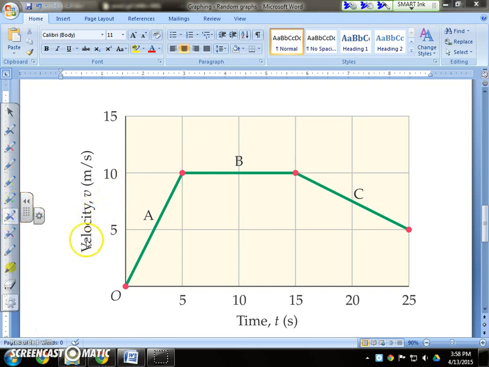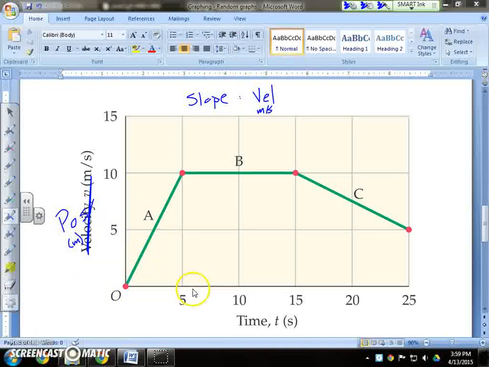If this had been a position time graph like you had seen before, if I would cross this out and write in position, and this would be in meters, being that we're talking meters divided by seconds, the whole slope would equal velocity because we're talking meters per second. And all that means is that the position, as we traverse our first 5 seconds, would have increased by 10 meters.